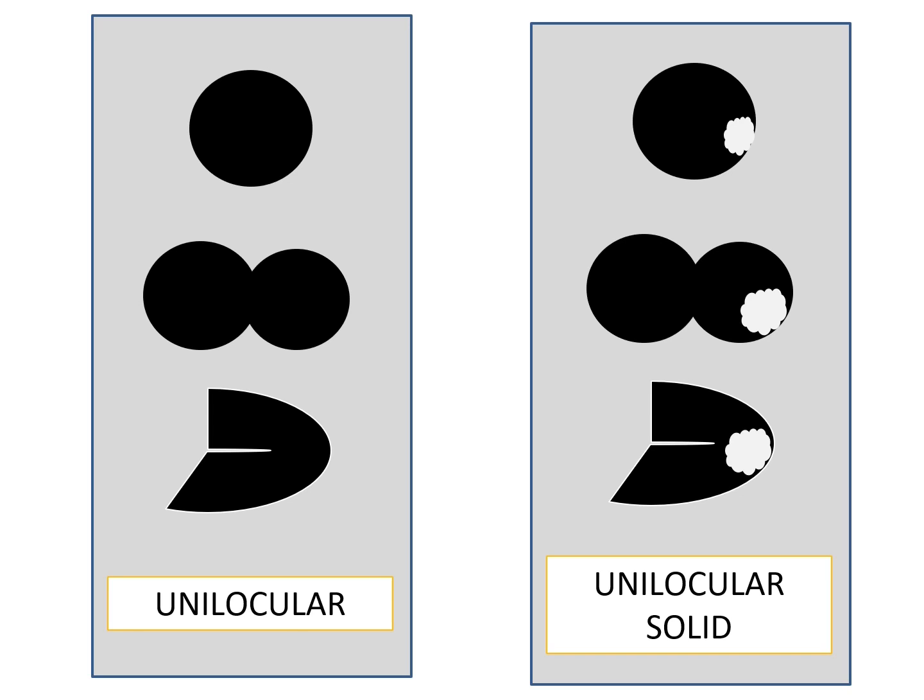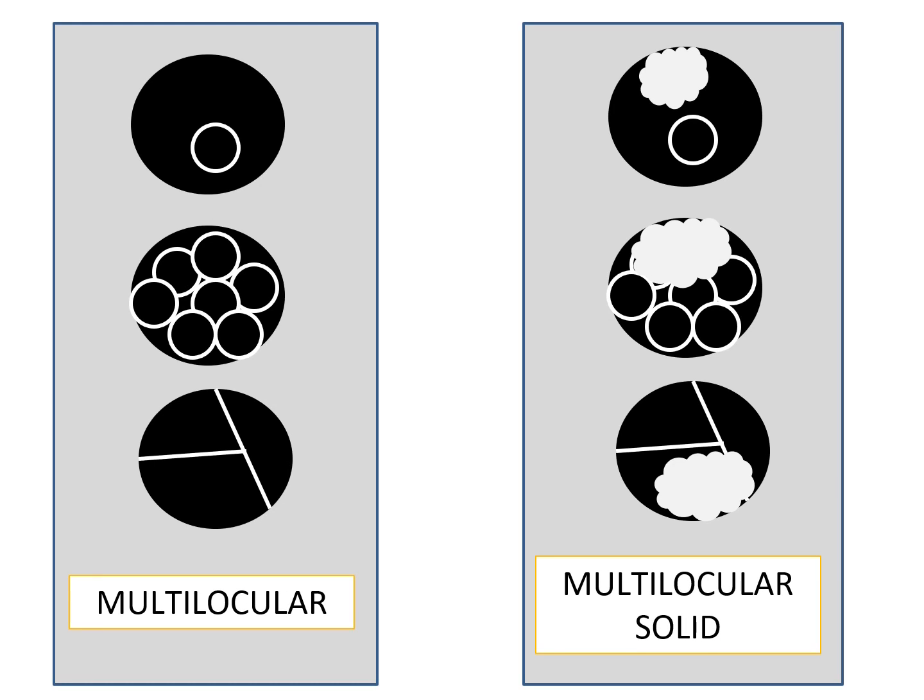As you can see in these images, the shape of the cystic cavity or of the solid area is not important. A multilocular cyst can be a large cystic cavity with one daughter cyst, a large cavity with multiple daughter cysts, or a large cavity divided into multiple cavities with the help of septae.